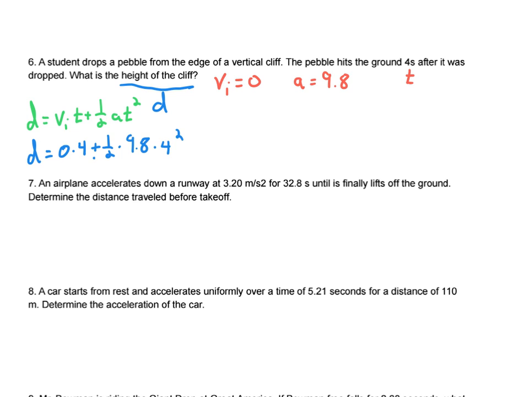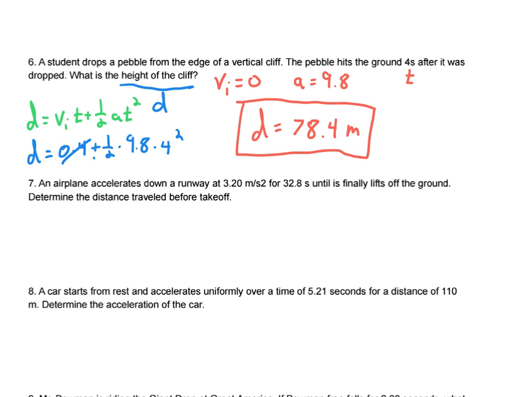I'm going to plug all of that into my calculator. Notice that this term goes away. So 0.5 times 9.8 times 16, because I can do 4 squared in my head. And I get that my distance equals 78.4 meters. Our acceleration was in meters per second squared, so the distance is going to be in meters.